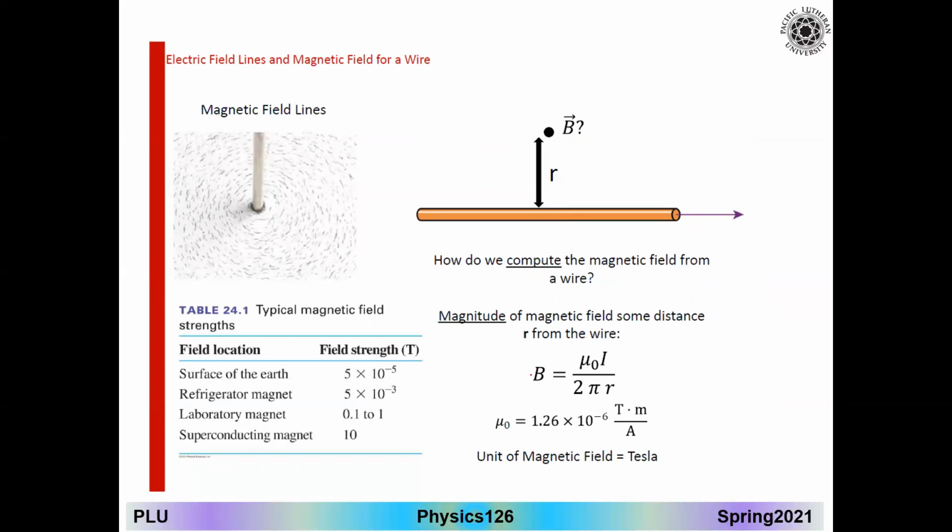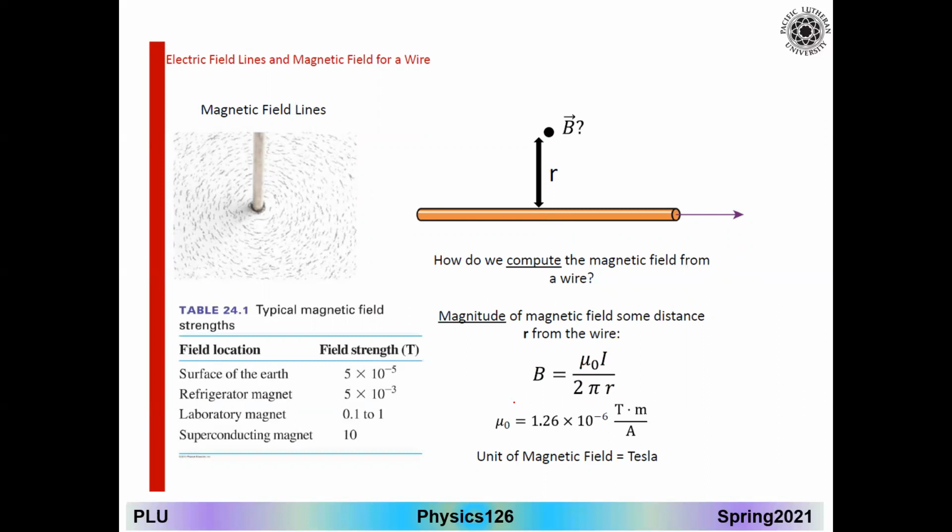The formula states that B equals mu 0 times I divided by 2 pi R, where R is the distance from the wire. Logically, it is proportional to the current, so more current means more magnetic field.